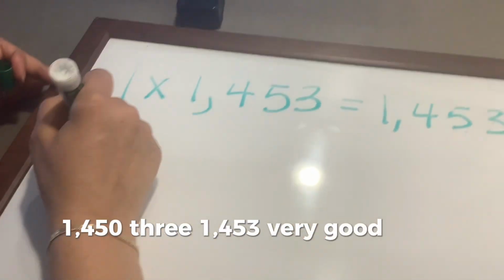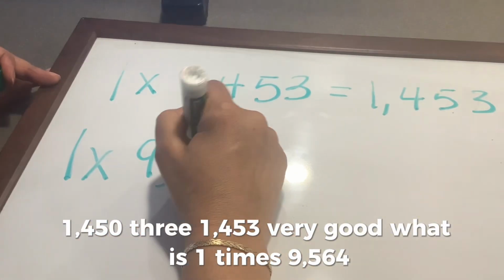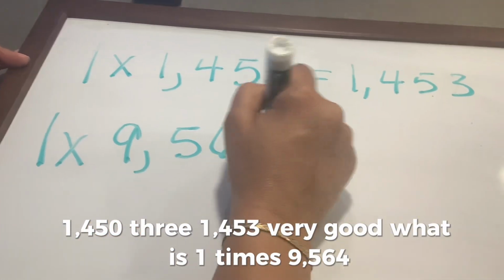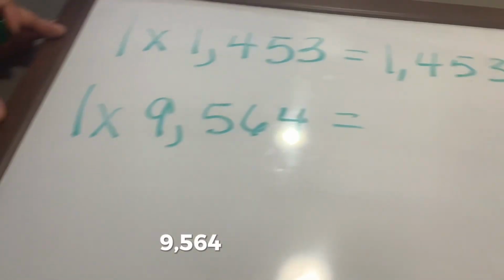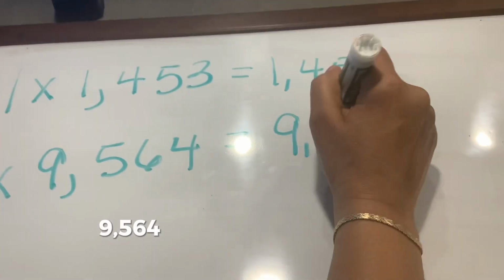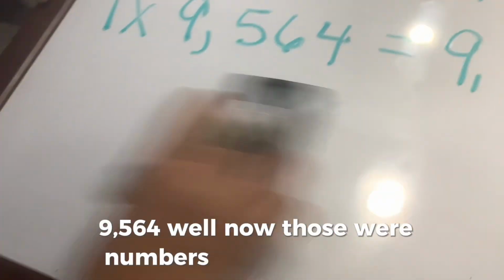Very good. What is 1 times 9,564? 9,564. That's right. Now those were numbers in the thousands.